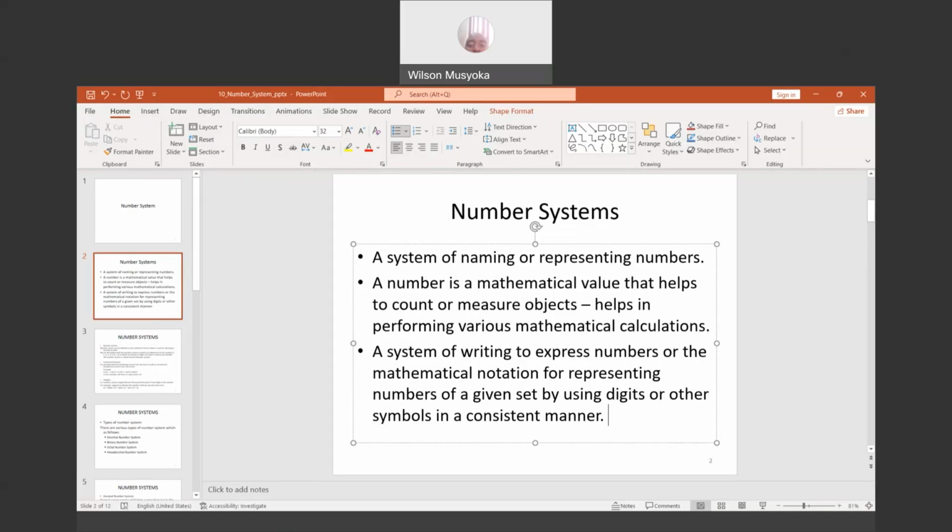So that is what a number system, especially in mathematical representation, is all about.